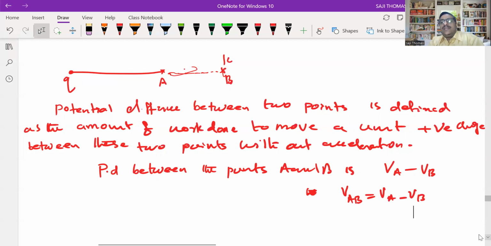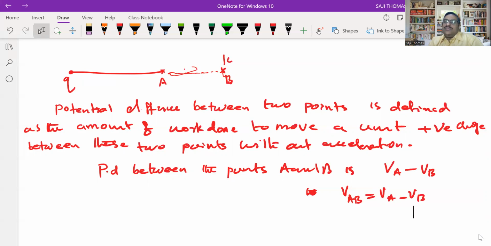Now, we learned the definition for potential. What is potential energy? In the beginning, I discussed if you want to move a charge in an electrostatic field, we have to do work. That work done by the external agency is stored in the charge as its potential energy.